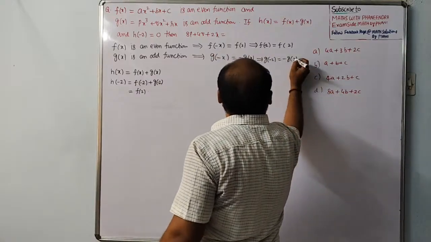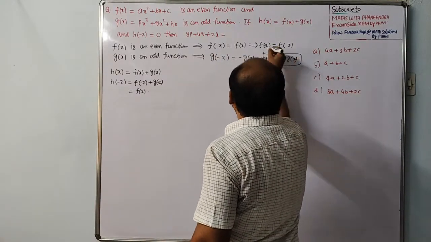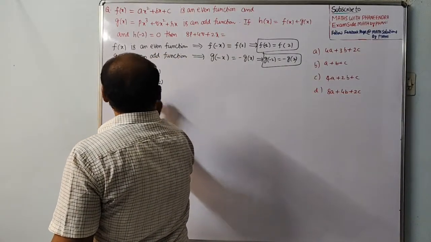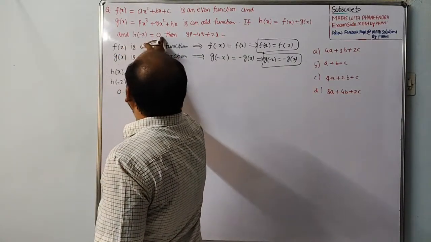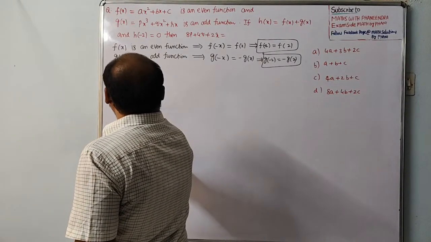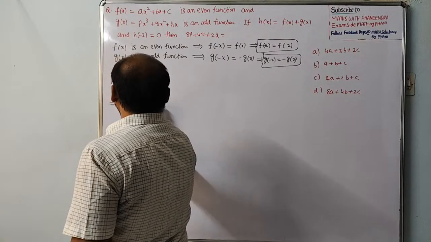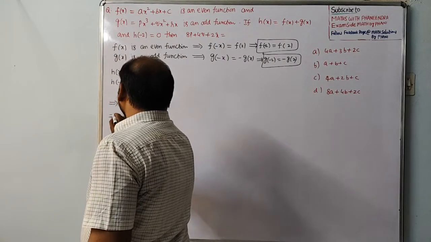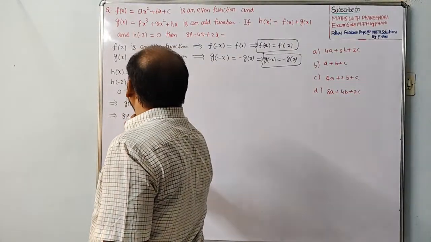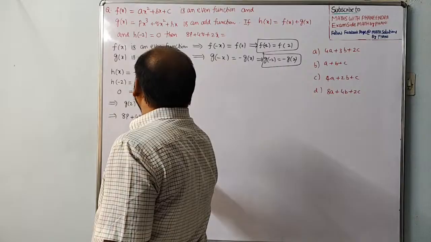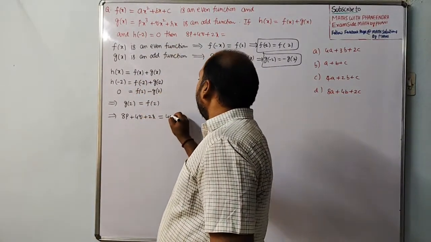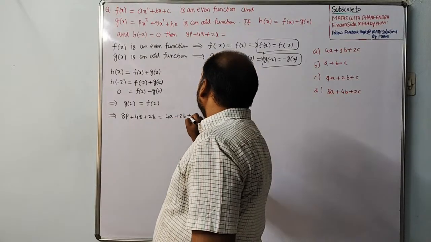This result I forgot to use, that's why we are not getting it. h of minus 2 is 0, that implies that g of 2 is equal to f of 2 only, no? That implies g of 2, where x is equal to 2, substitute: 8p plus 4q plus 2r is equal to f of 2, which means 4a plus 2b plus c.